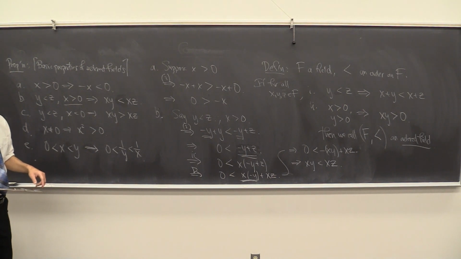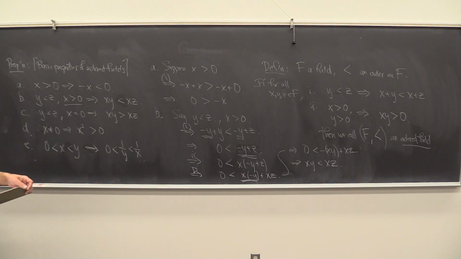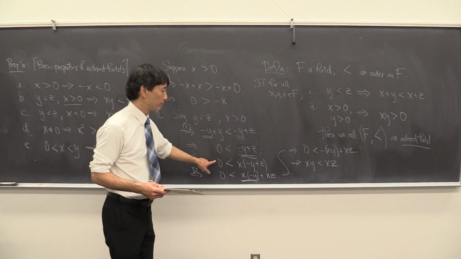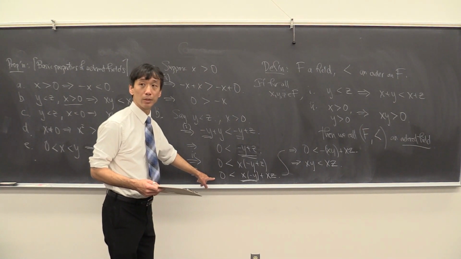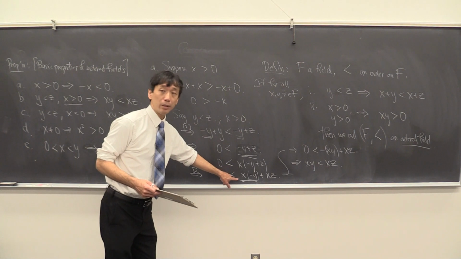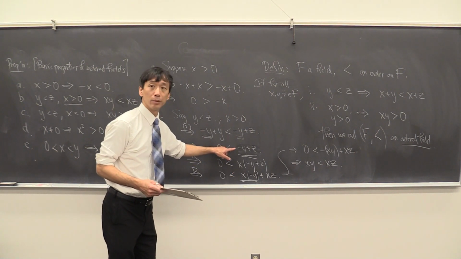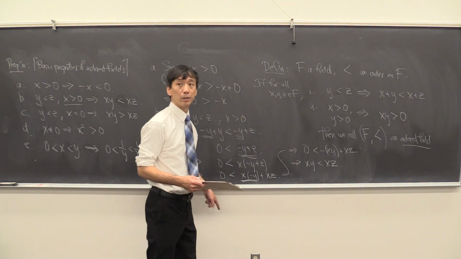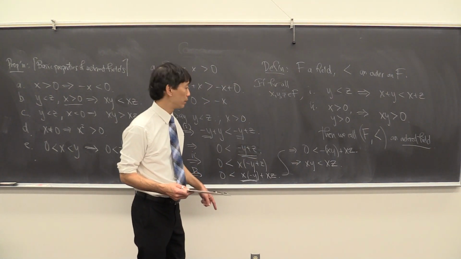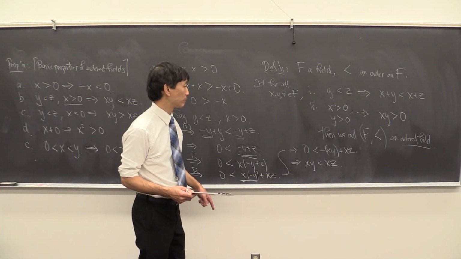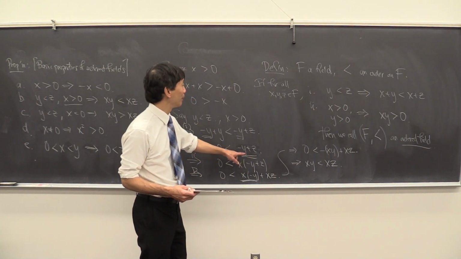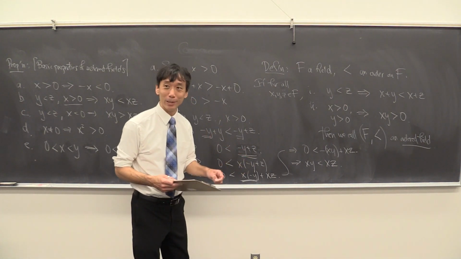Well, do you have a question? I just wonder, from x times negative y, do you use associative? From that to here? Did you use the associative that moves the negative one? There is no negative one.